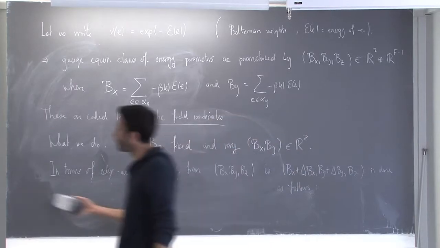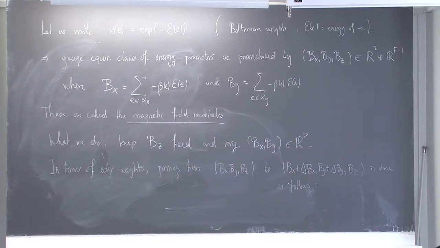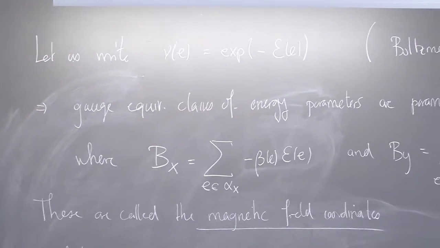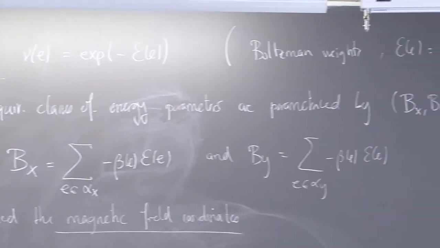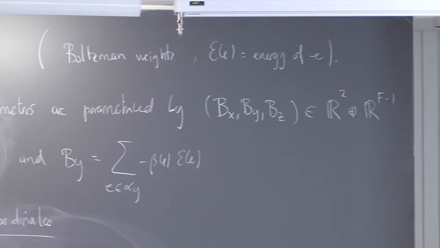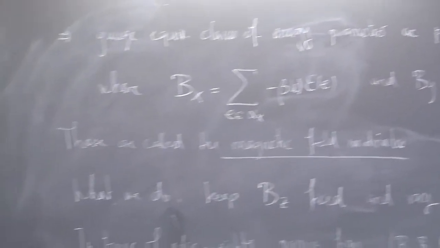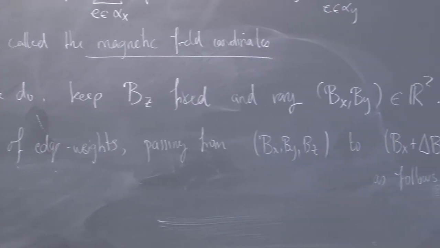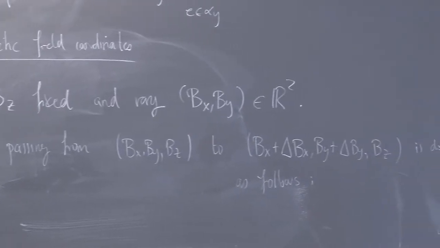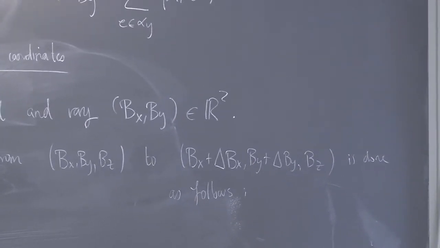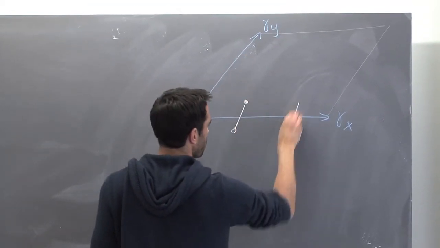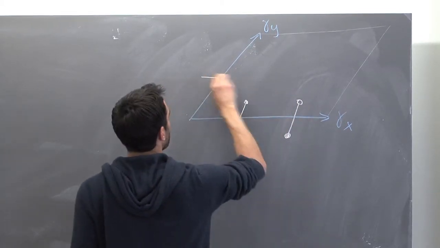So let me continue on this board. So you have to multiply the edges in some way, the edge weights, and I'm going to explain it here.